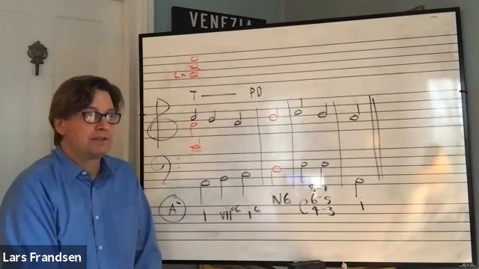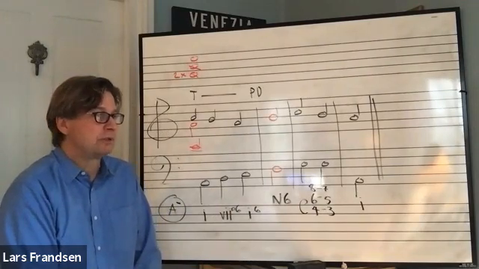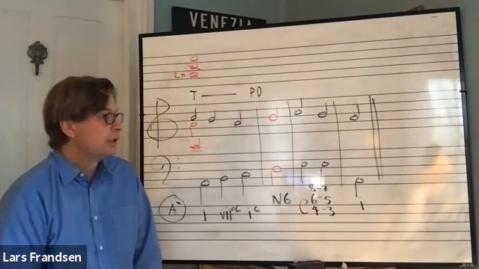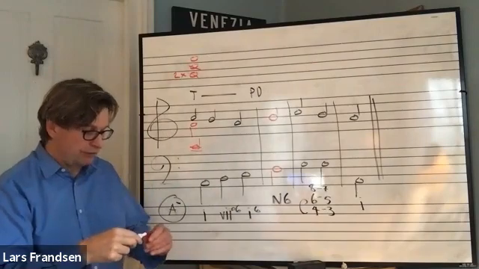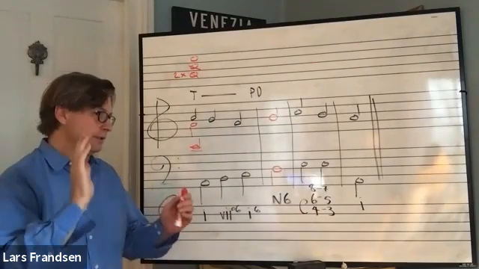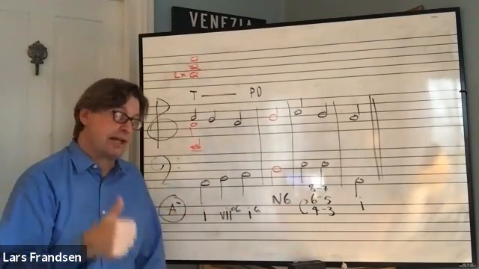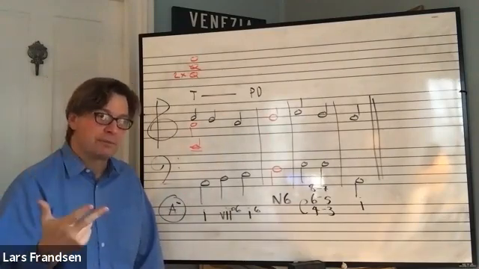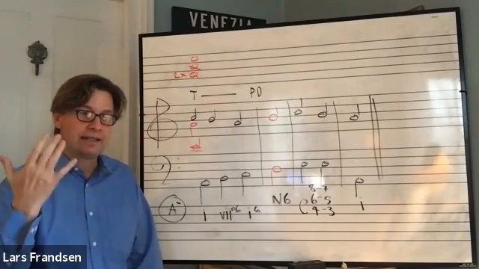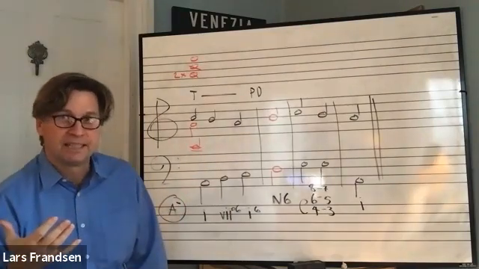Think of it that way, because I know there are some people, particularly people who spin these things out over several semesters, who would say, oh no, we have to teach that there's natural minor, there's Aeolian, which is the same thing, and then there's harmonic minor, there's melodic minor, and then there's jazz melodic minor. All of that.